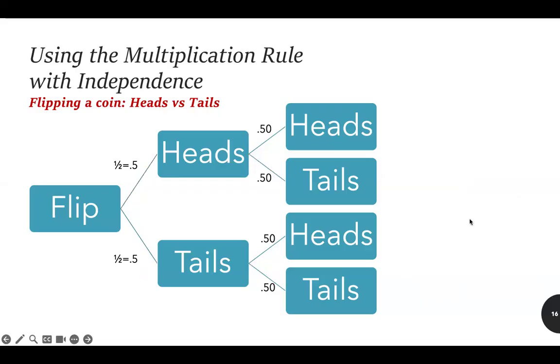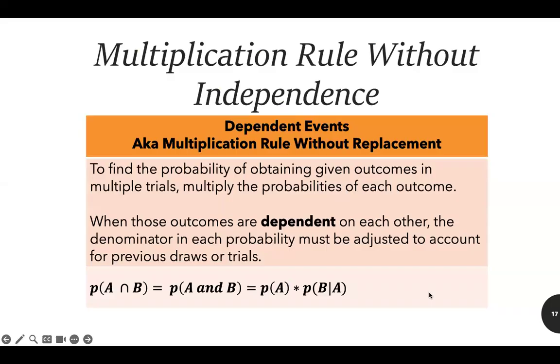The probability of getting a tails and then getting a heads is the same. So we're just multiplying that across. We're looking at each probability and multiplying across. And then the last one here, the probability of getting a tails and then another tails, we're just multiplying each of those probabilities. We're treating them as independent events and we're just multiplying across.